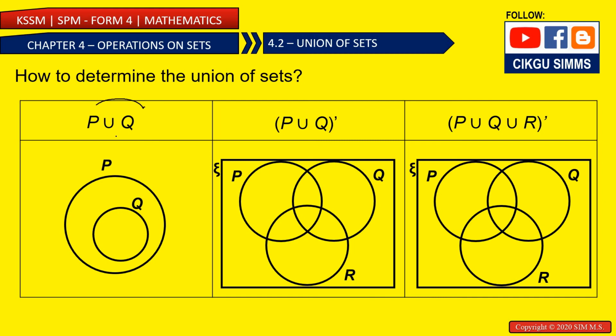And then P union Q, and then complement means other than P union Q. P union Q is this part, right? And everything other than this part you need to shade.